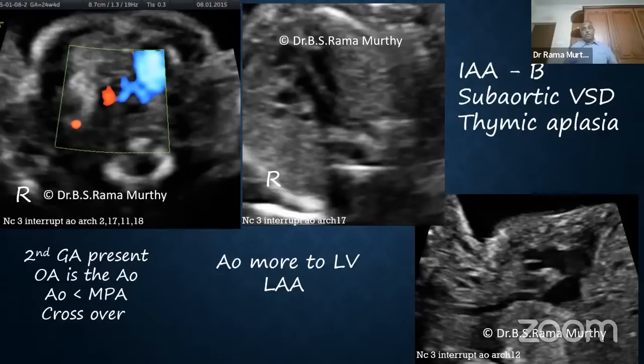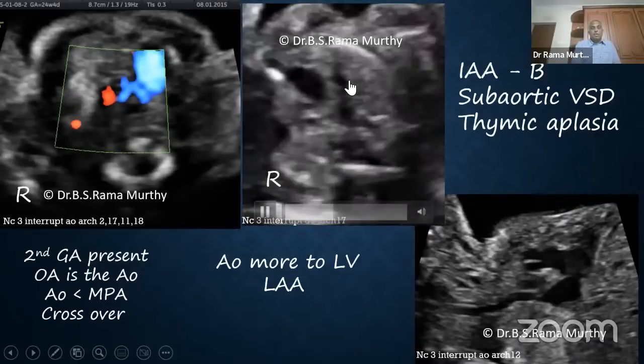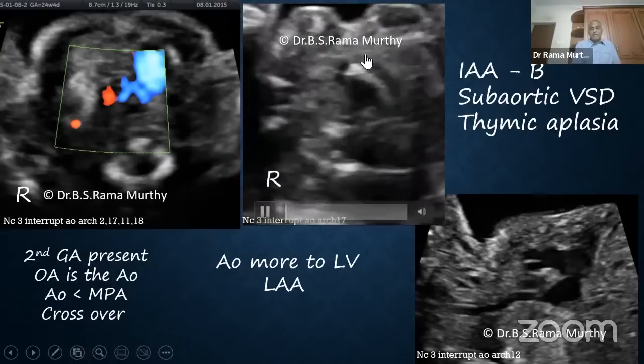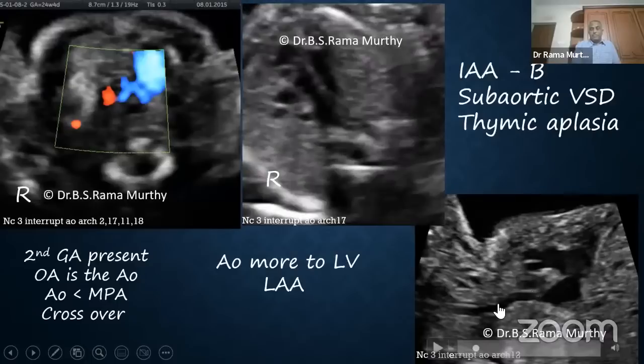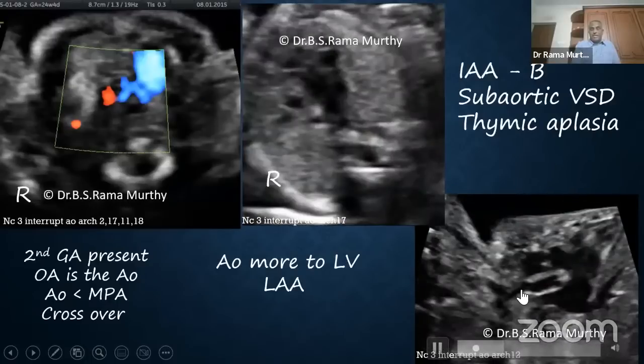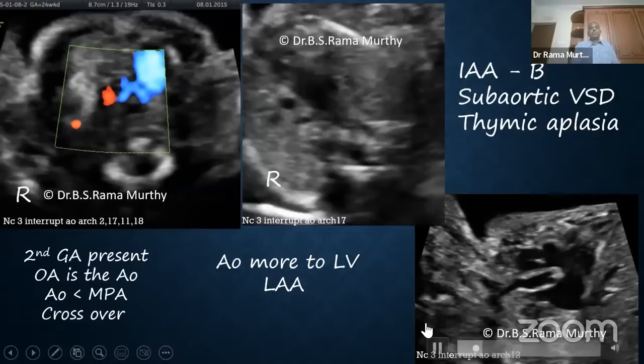There is no aortic arch, and this is interrupted aortic arch, type B, subaortic VSD, and perhaps also again with a thymic hypoplasia. Look how close the great arteries are to the anterior chest wall. And when you do a sagittal section, you don't find an arch, you find a straight pulmonary artery dividing and proceeding into the neck.